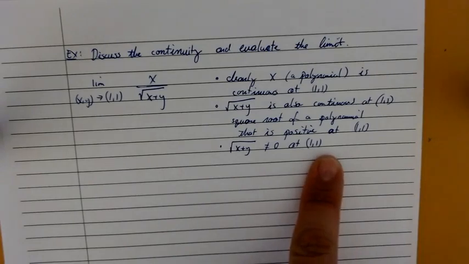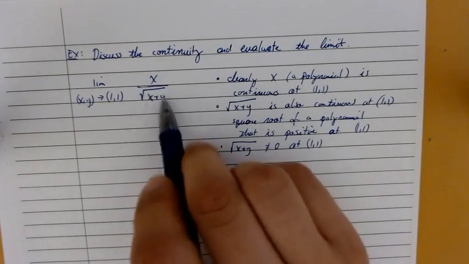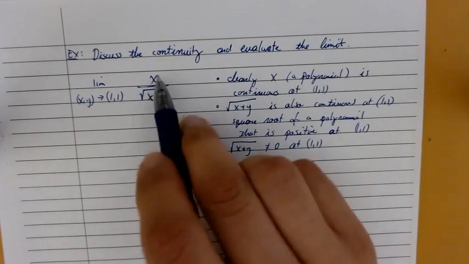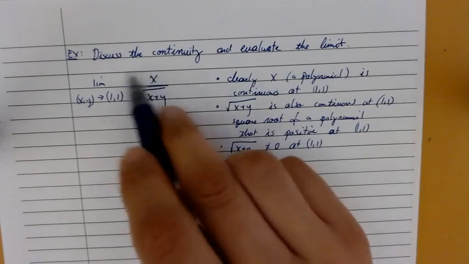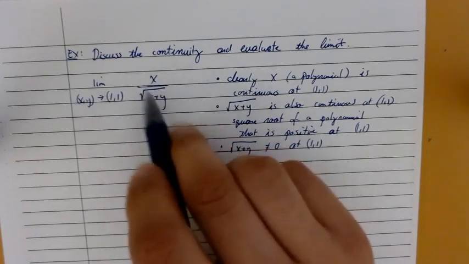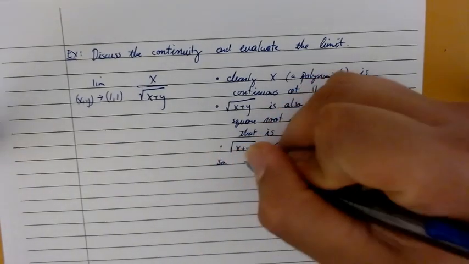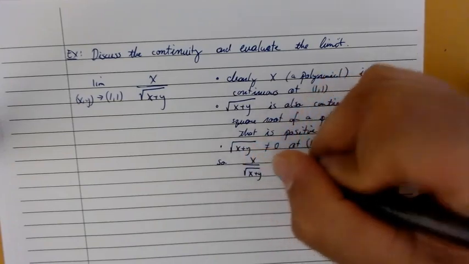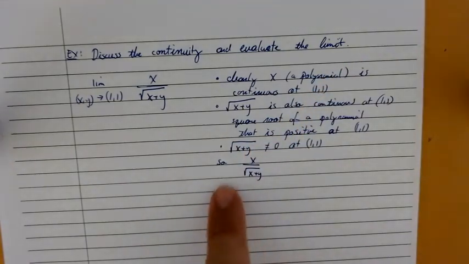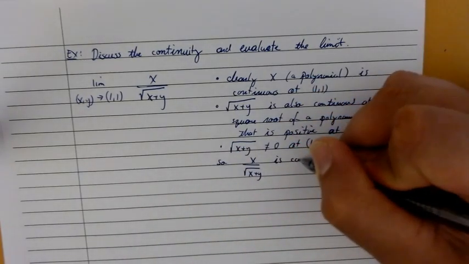Okay, so that means that this is continuous at (1, 1), this is continuous at (1, 1), and the denominator is not 0. Oh, so that must mean that my overall expression is also continuous at (1, 1). So x over square root of x plus y, really I should say the function f(x, y) equals this, is continuous at (1, 1) as well.